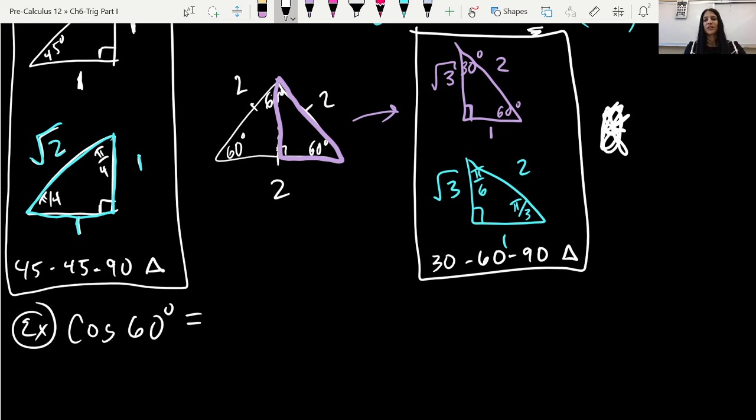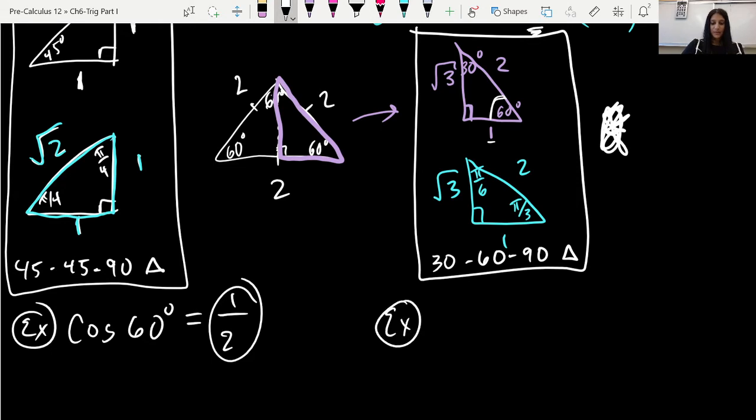That we know from SOHCAHTOA. And so I would go to my 60 degrees, which we have right here, and think, what's adjacent to that? Well, I can see that it's this 1 here. And the hypotenuse is 2. So cosine of 60 degrees, the answer is 1 over 2.